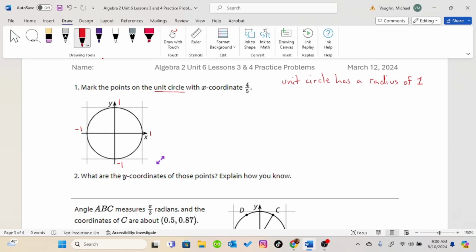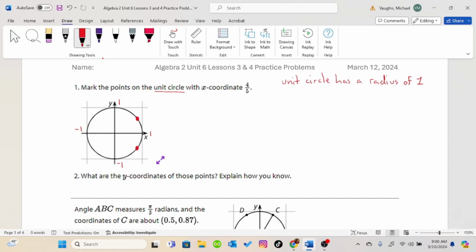So number 1 wants us to mark the points with x coordinate 4/5. So you're just going to come out to the right and estimate about 4/5 and go up and place a point and go down and place a point.